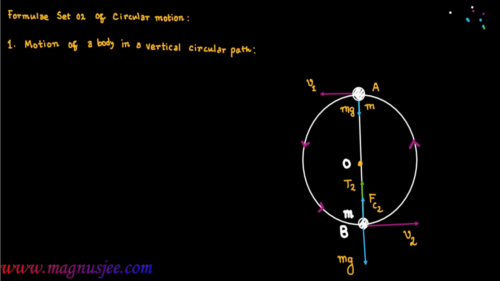The tension acting in the string at the highest point is T1. mg is the weight and T1 is the tension, all acting from the center of gravity of the body.